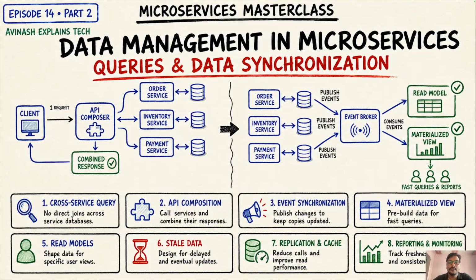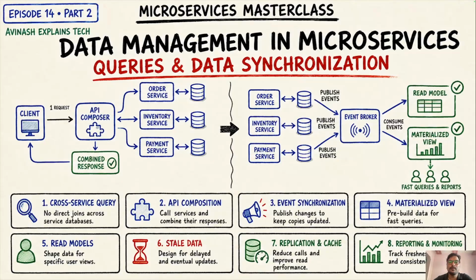An operations dashboard may require failed payment, delayed orders, unavailable inventory, orders pending for more than 10 minutes. Both views use order related information, but their data structures are different.